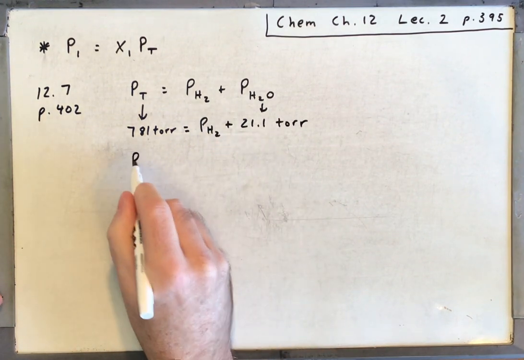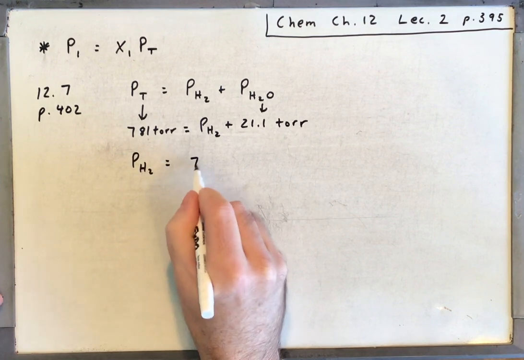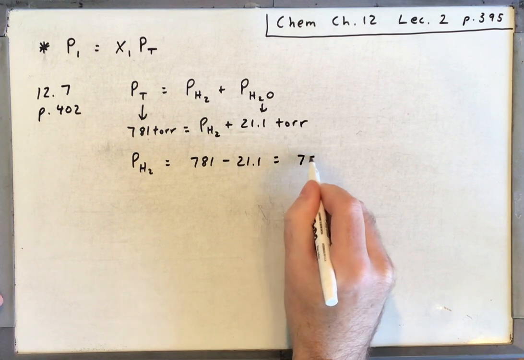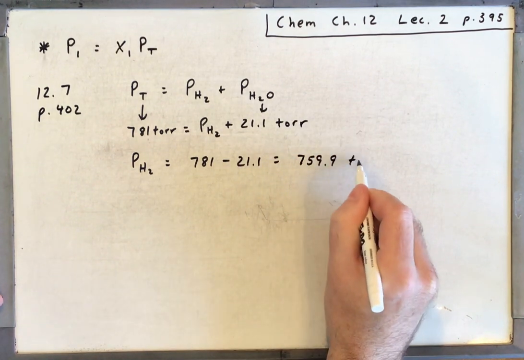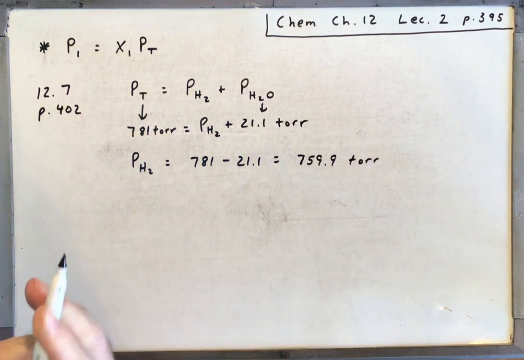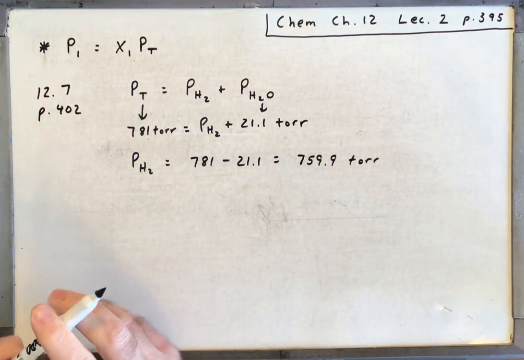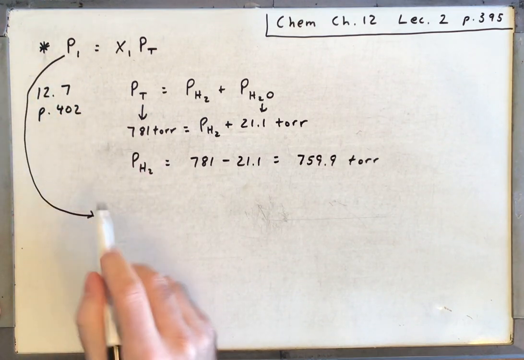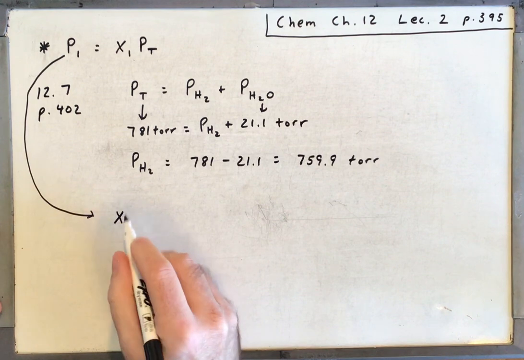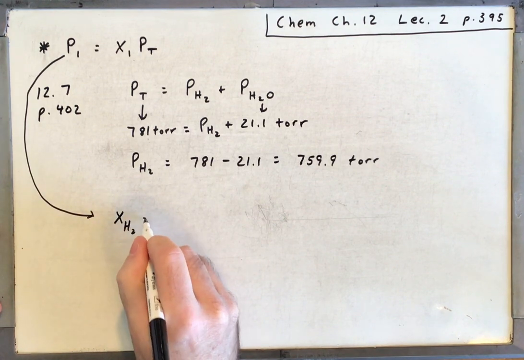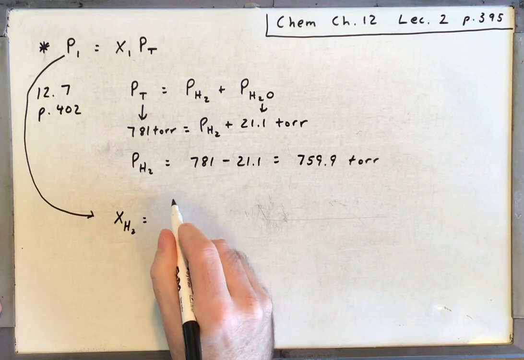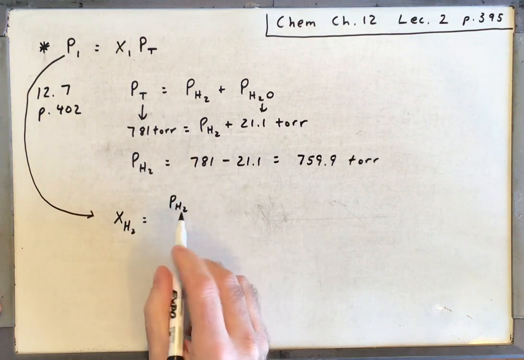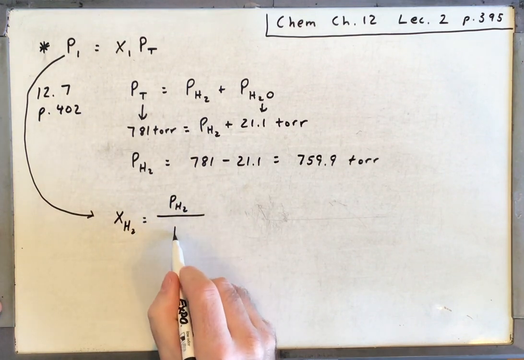So the pressure of the H2 is going to be 781 minus 21.1. That's 759.9 torr. Now that's not what it asked. What it asked is, what's the mole fraction? Well, we can get the mole fraction by rearranging this equation. The mole fraction of our gas, H2, is going to be the pressure of H2, in this case that's pressure of 1, divided by the total pressure.